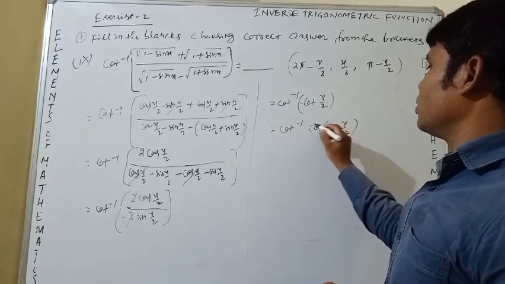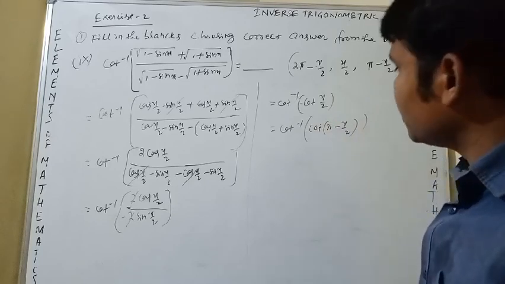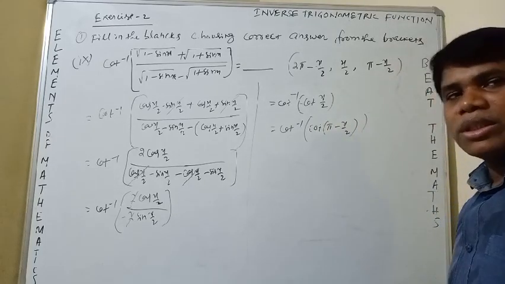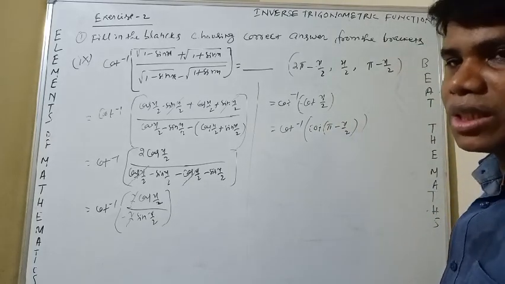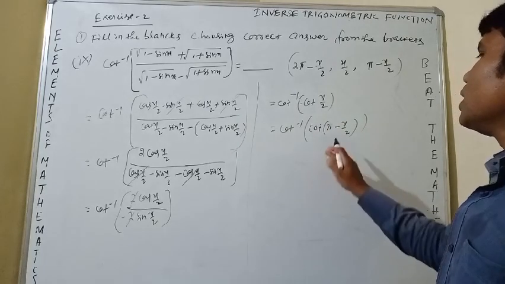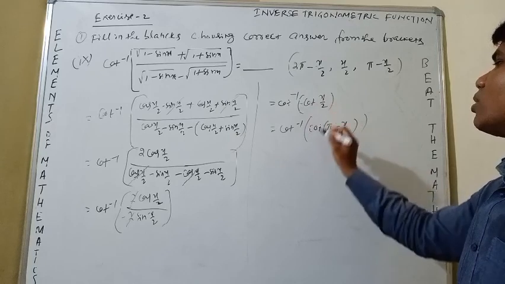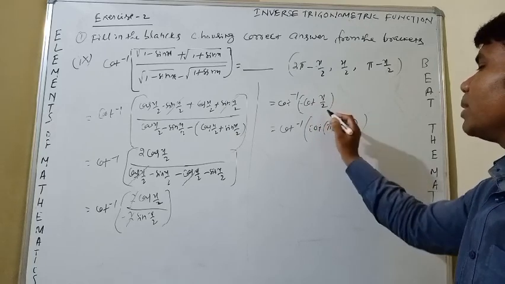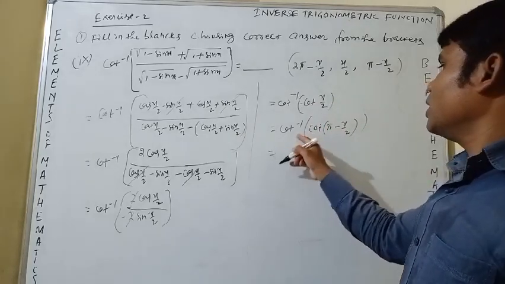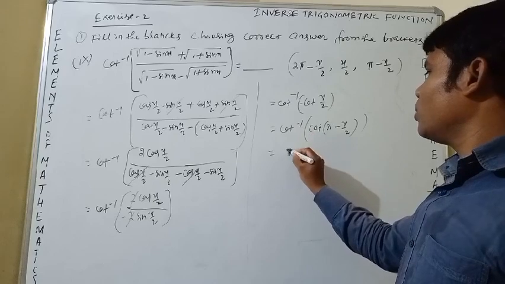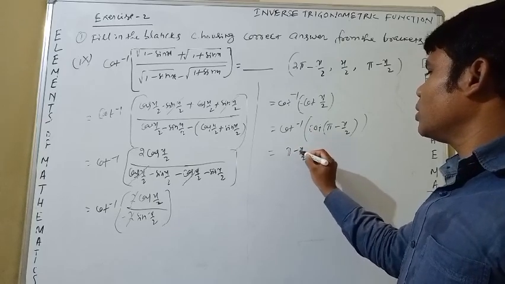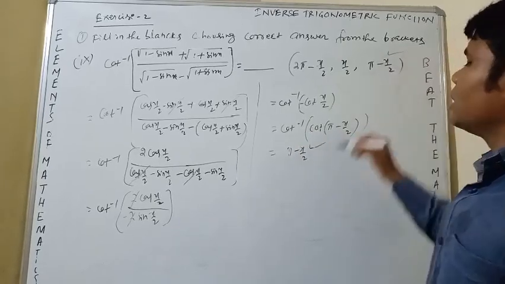You see cot of pi minus theta lies in the second quadrant. Second quadrant means minus will come, so minus cot of x by 2. These two will cancel out. This is equal to pi minus x by 2. So the correct option is pi minus x by 2.